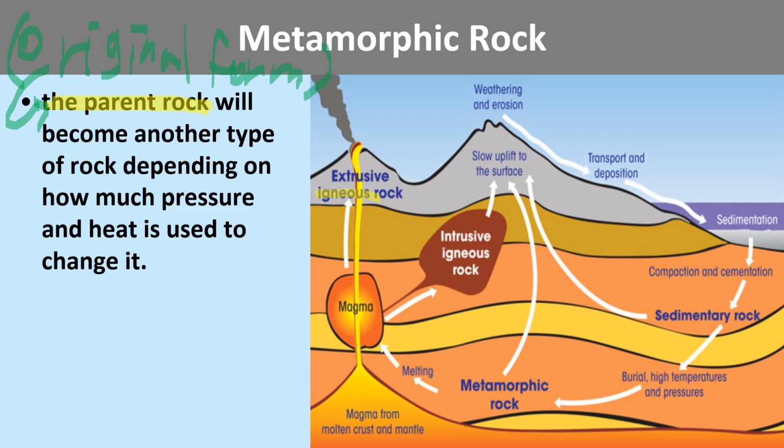So let's say it comes out, or it takes thousands of years to become intrusive igneous rock. It doesn't really matter, but if it's extrusive, it's going to be quite quick, like basalt. If intrusive, it just takes a long time. But in any case, these rocks are somehow exposed to the outside.